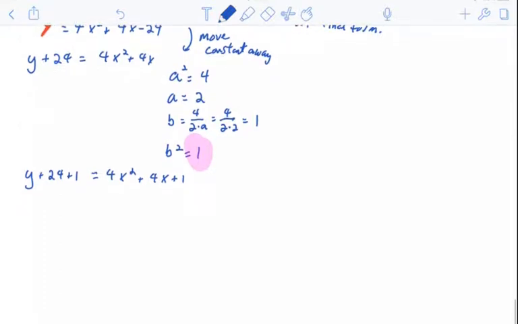And now this expression is a perfect square, which means I can factor it. And you remember how to do that? You just write it as ax plus b all squared. Little a's, little b's.